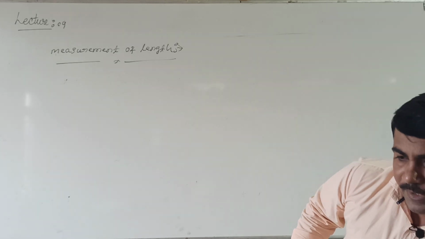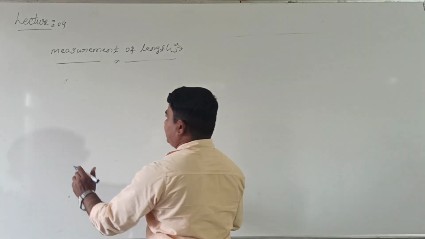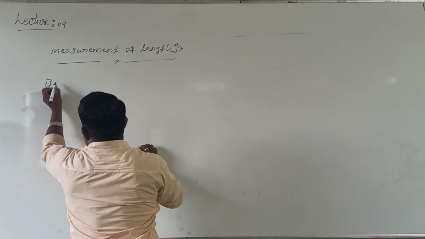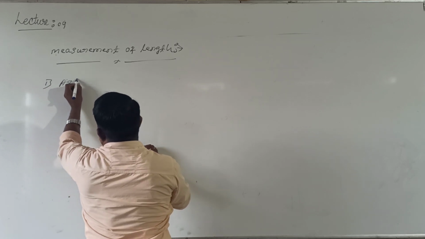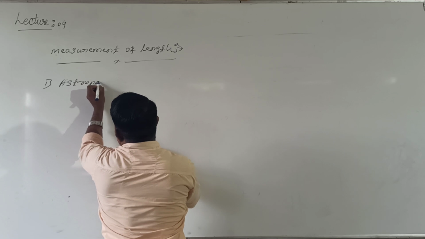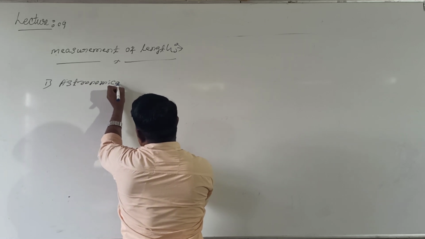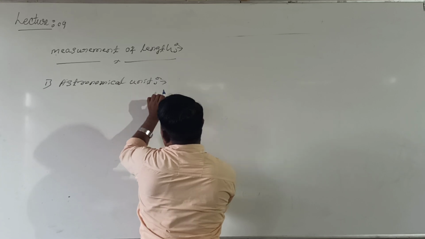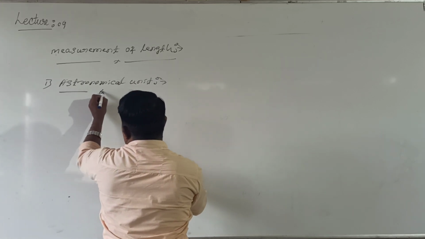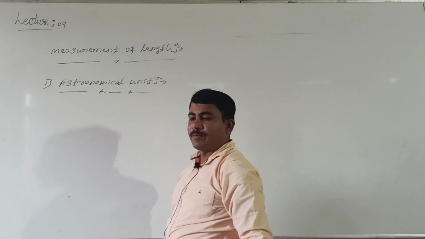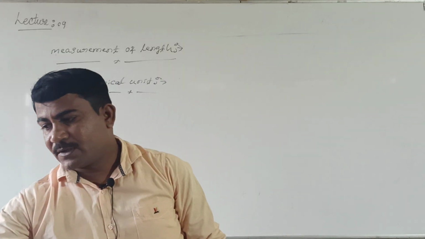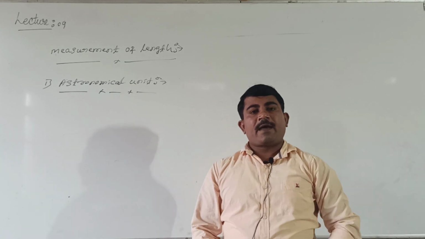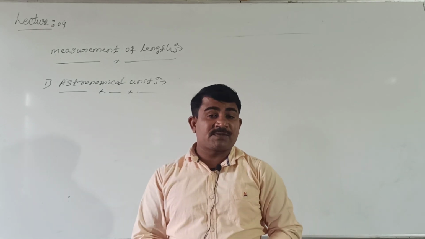Look at me. Astronomical unit, we will see. The first one is astronomical unit. Students, the astronomical unit is the average distance from the Sun to the Earth.